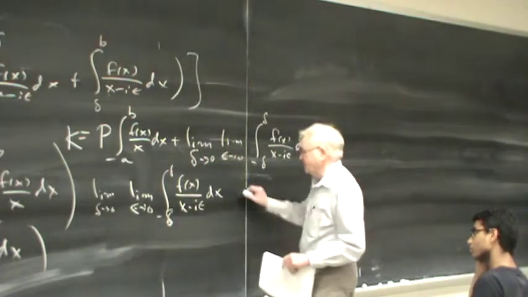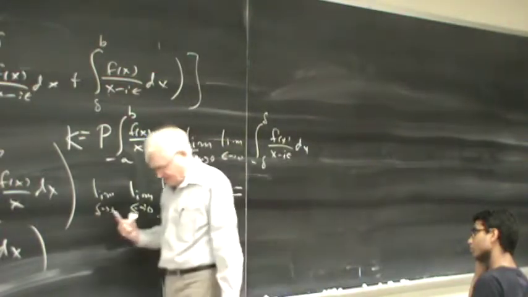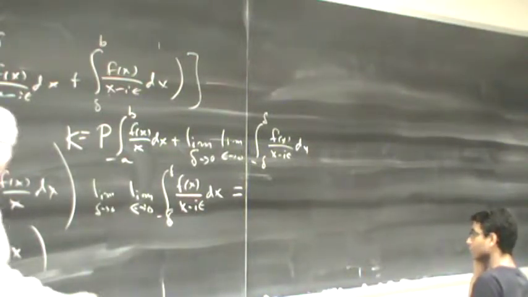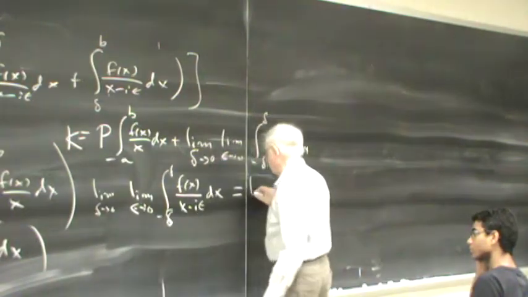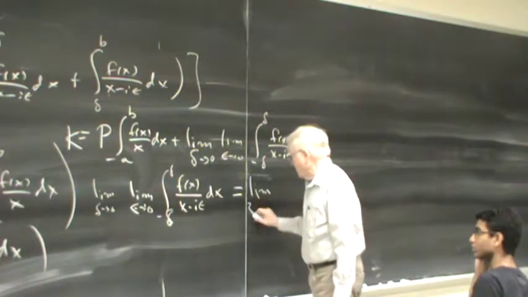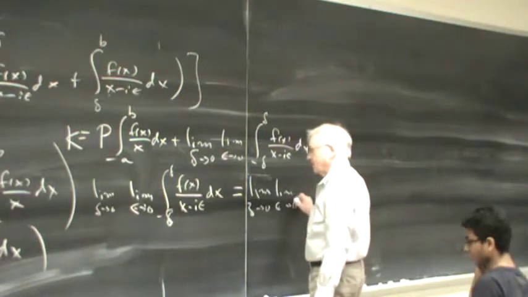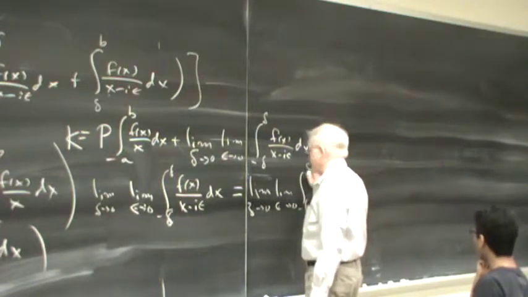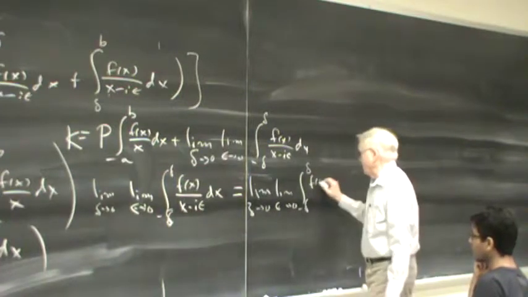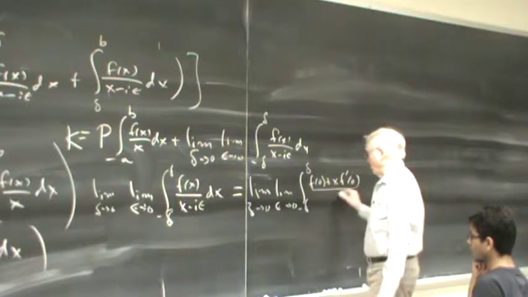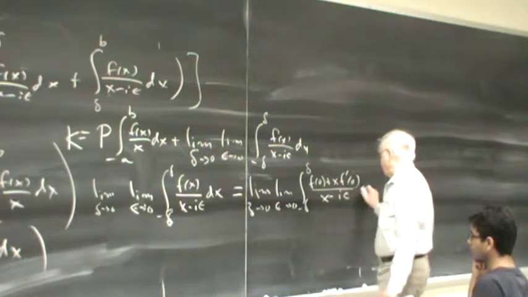Well, what can we say? Well, now, since we're near x equals 0, and we're saying that f itself is either analytic or at least differentiable, we can do this expansion here. And so we say, well, this is the limit delta going to 0, limit epsilon going to 0, of the integral from minus delta to delta, and now up here we have f of 0 plus x f prime of 0 over x minus i epsilon dx.